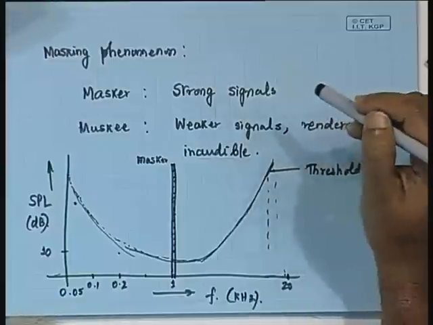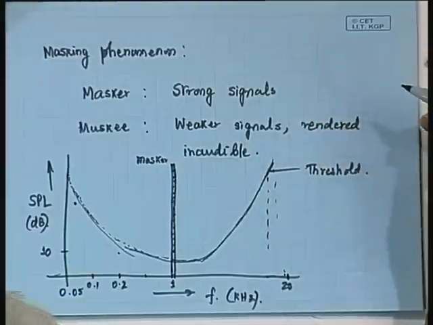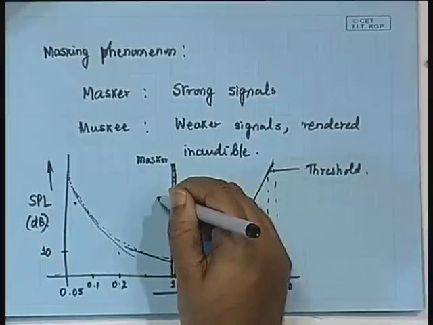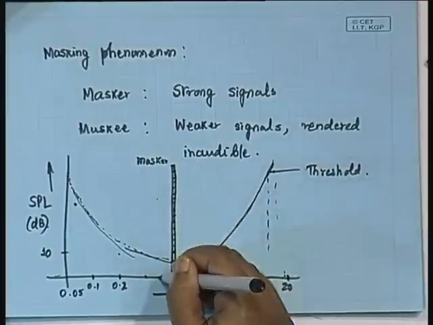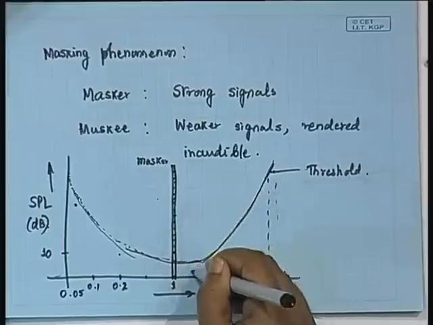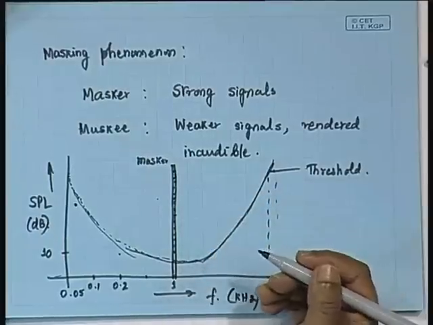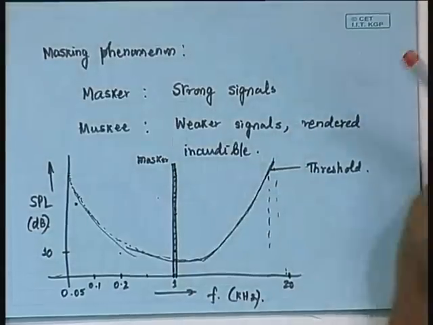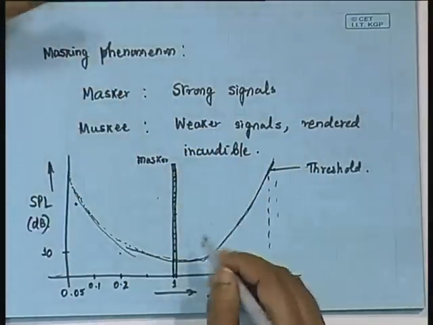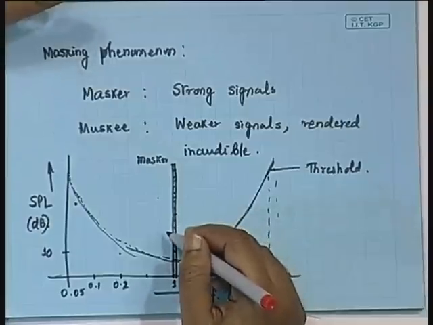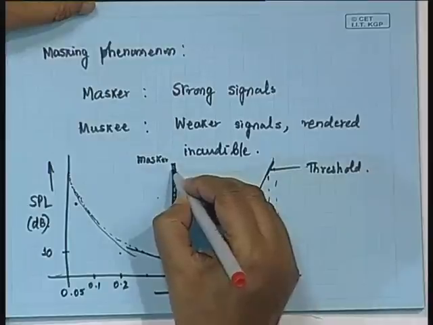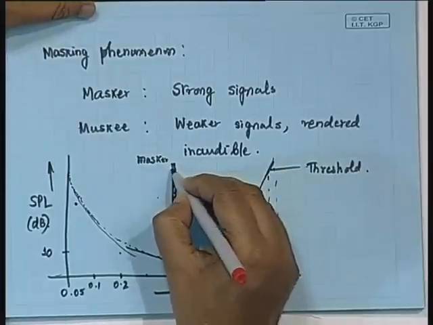Without the effect of masking, there is absolutely no difficulty if another sound source is present at this frequency and another sound source is present at this frequency; they are supposed to be audible. But because of the masking effect, every masker has some masking characteristics, and the masking characteristic forms a masking threshold.